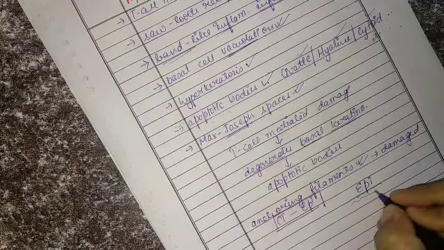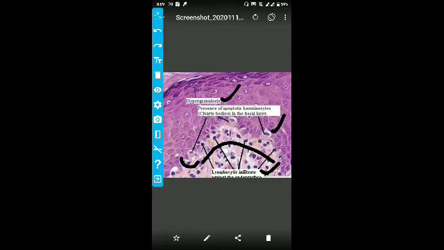Let's look into the histopathological diagram. Look, there is presence of apoptotic keratinocytes. These are the apoptotic keratinocytes over here, this side. Look at this diagram. The lymphocytic cells, band of inflammatory infiltrate, the lymphocytic infiltrate, okay.